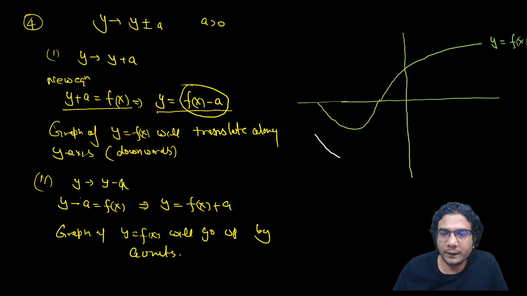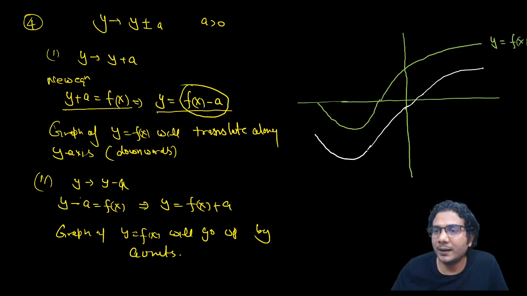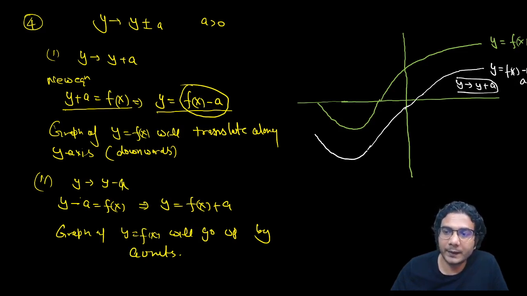So the whole graph will come down by a units. a might be an integer. They both look parallel, right? So this is the graph of y is equal to f(x) minus a, which you have got by replacing y with y plus a. So the equation is y is equal to f(x) minus a.